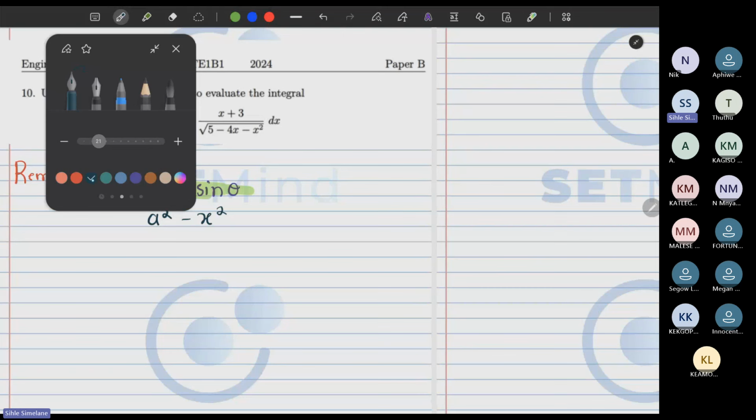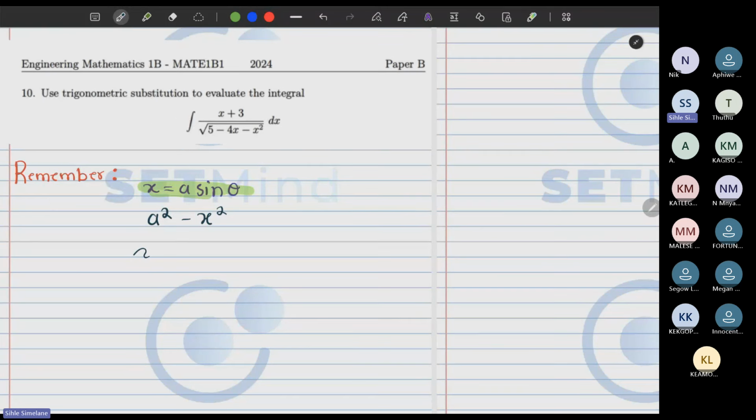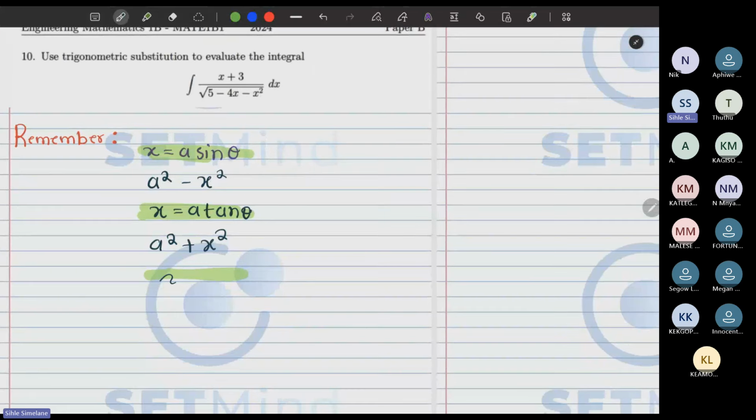And then when we find ourselves with a case where we see, let's say, a squared plus x squared, does anyone remember what our substitution is supposed to be? x is supposed to be a tan theta. Okay, let's go for the next one, which is when we have x squared minus a squared.